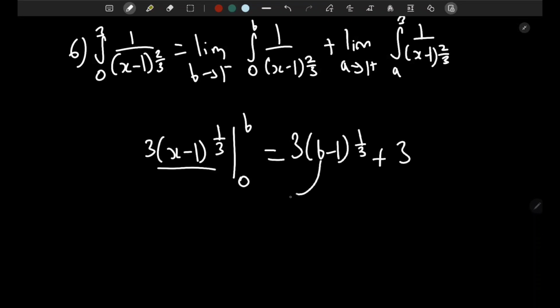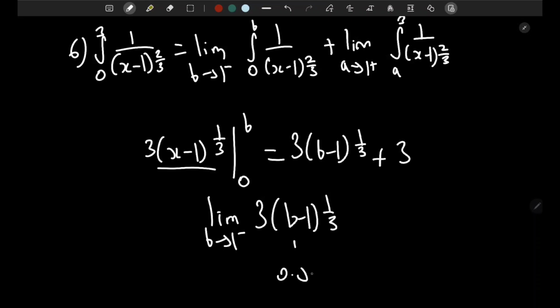Now I'm going to take the limit here, by the way, we did not include it yet: the limit as b approaches 1 minus of 3 into (b minus 1) to the power of 1 over 3. When we substitute b very close to 1 and take the power of 1 over 3, this number is going to be very close to 0, let's say 0.00 with unlimited zeros and then 1, and it gets even smaller by taking the power of 1 over 3.